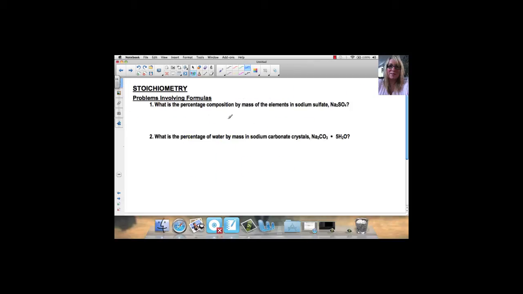What is the percent composition by mass of the elements in sodium sulfate? Remember that percent comp is equal to part over whole times 100. This is in reference table T. So in this case, they want us to find the percent of Na. They also want us to find the percent of S, and they want us to find the percent of O. So they want the Na over the whole, the S over the whole, and the O over the whole.